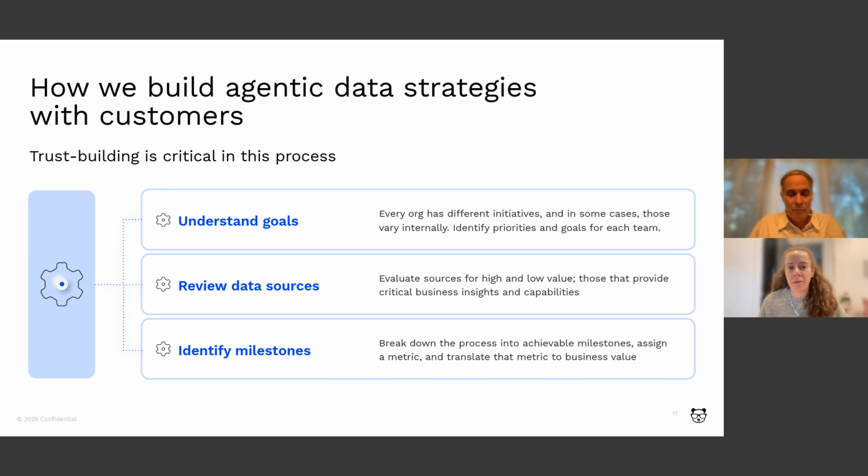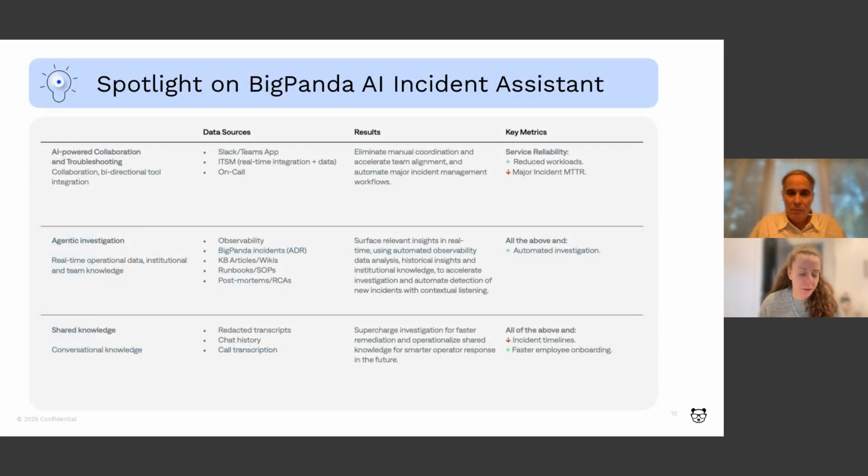We've been chatting a lot about theoreticals around data strategies, but as you saw, we have three core products within our platform. I wanted to take a moment to do a bit of a spotlight and a deep dive on how you approach a phased data strategy with clients and enterprises that are adopting our BigPanda AI incident assistant, also known as Biggie, which is the product that is really focused on automating major incident management processes.